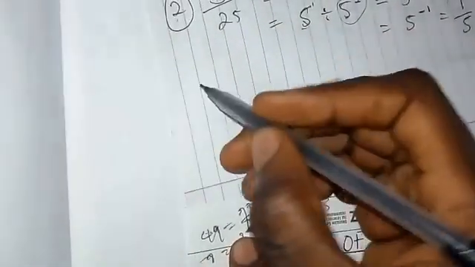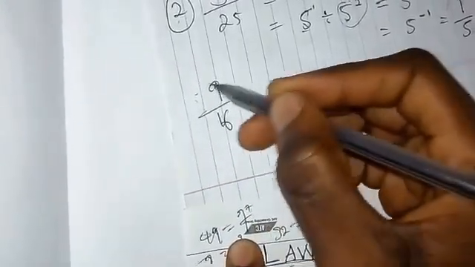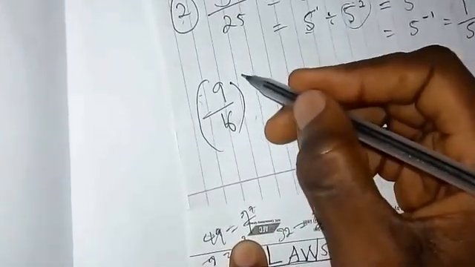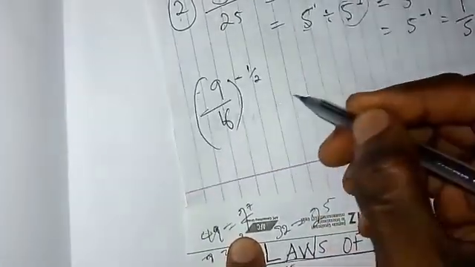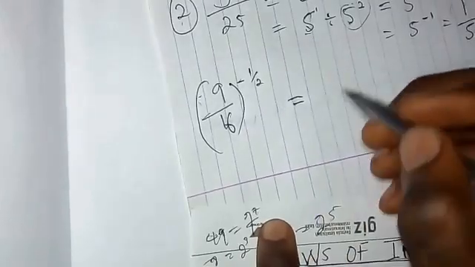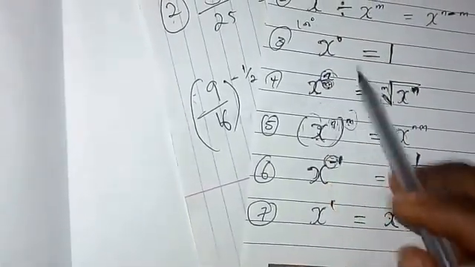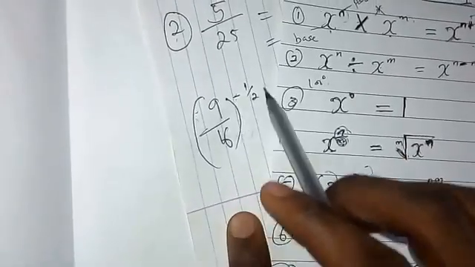The third one is 9 over 16 raised to the power of negative half. We use two laws here: the division law and the negative law.